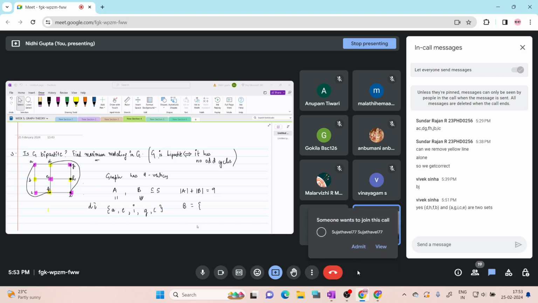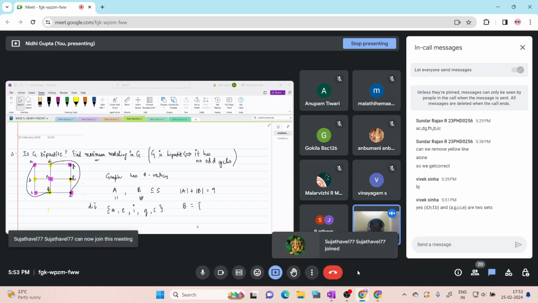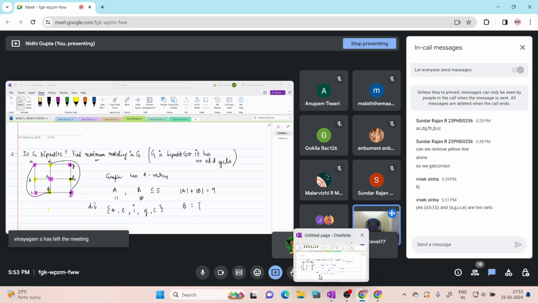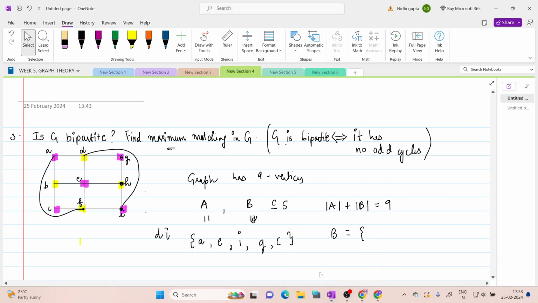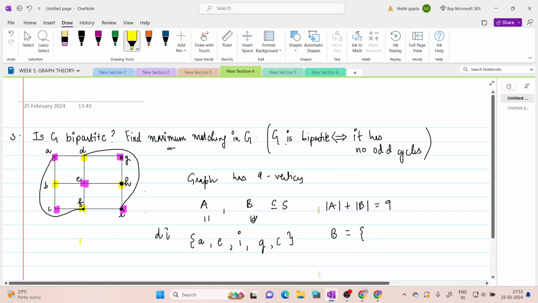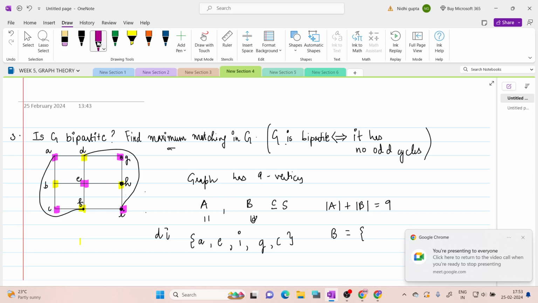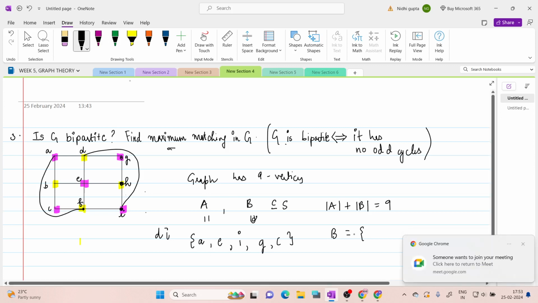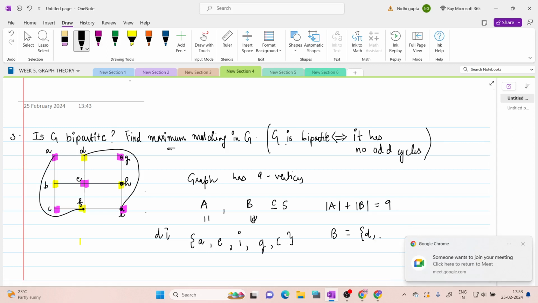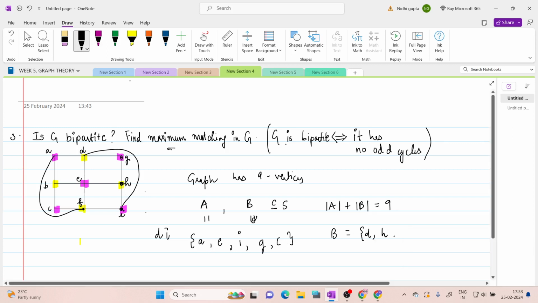And Vivek has also answered this and given the same sets. So since we are able to find two bipartitions, two independent sets like this, the graph is bipartite. One set has 5 vertices and the other has 4. So it is not a perfect matching, but we will get a matching up to 4, ma'am.